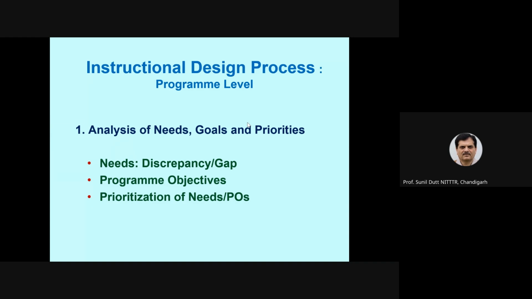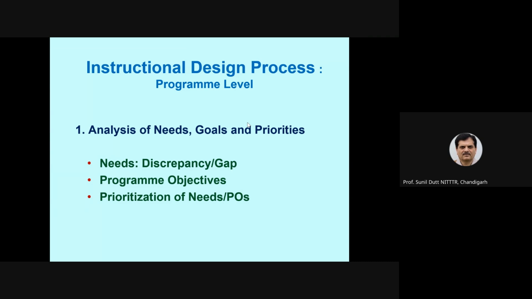So it is this gap or discrepancy between what is and what is needed that generates the need for a new instructional system, or at least a redesigned system. Sometimes there is a need to update the system in content to improve its effectiveness, or to change methods to reach, say, a greater number of learners.